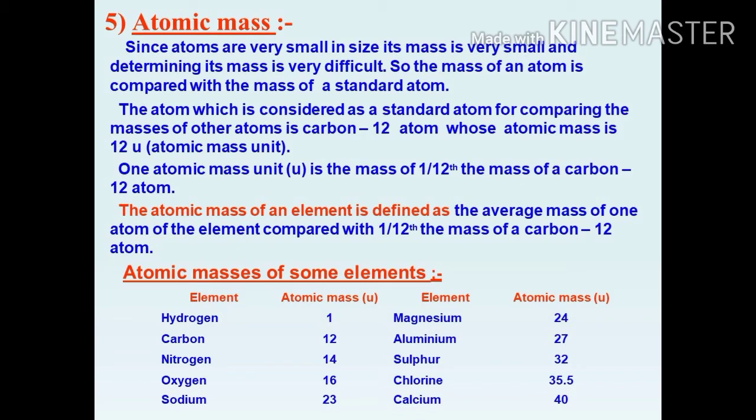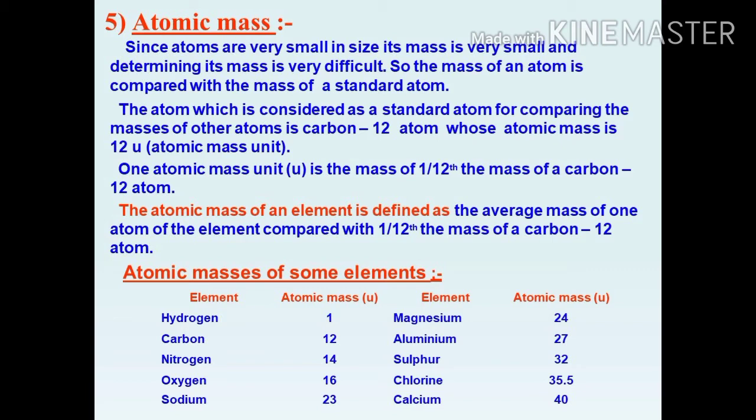Hydrogen atomic mass? 1. One atomic mass is the mass of 1/12th of a carbon-12 atom. Here hydrogen 1, carbon 12, nitrogen 14, oxygen 16, sodium 23, magnesium 24, aluminum 27, sulfur 32, chlorine 35.5, calcium 40.